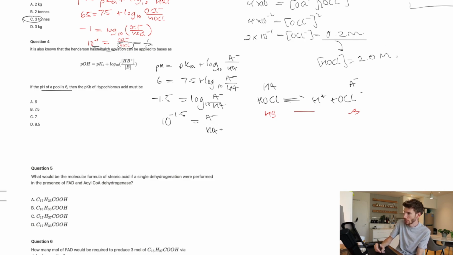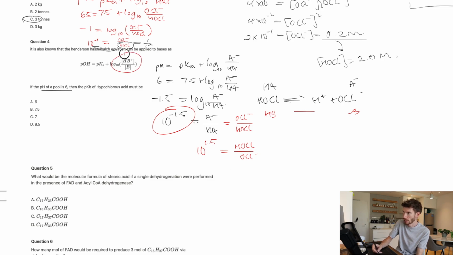So if we want to talk about HB, this here at the moment is equal to OCl negative over HOCl. We could just reverse this and go, well, we want HOCl as a ratio of OCl negative. And that would just be the inverse of this, which flips the power on the sign to a positive 1.5. And we're ready to go.